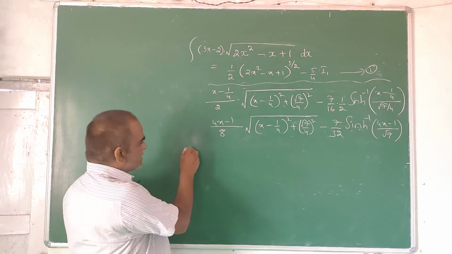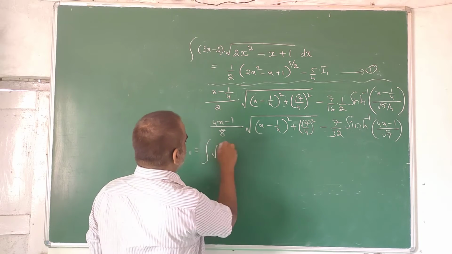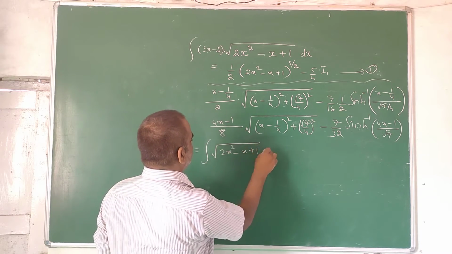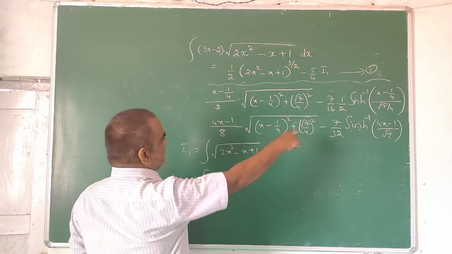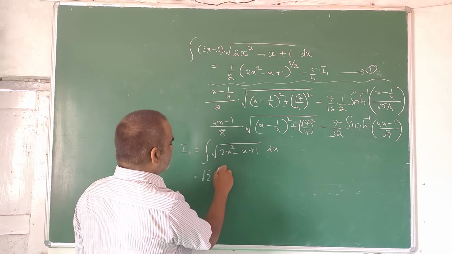So therefore I1 is equal to integral root over 2x square minus x plus 1 dx, which is equal to root 2 times this value, because just now we have evaluated that integral.